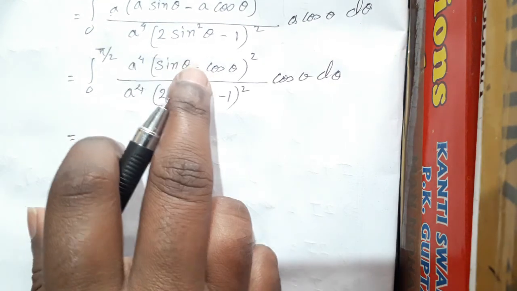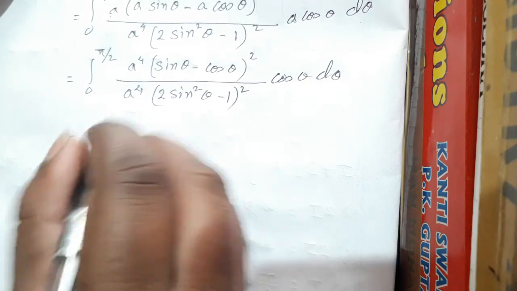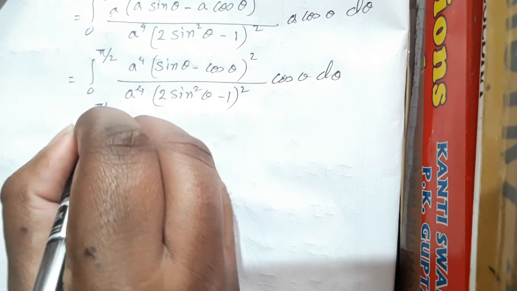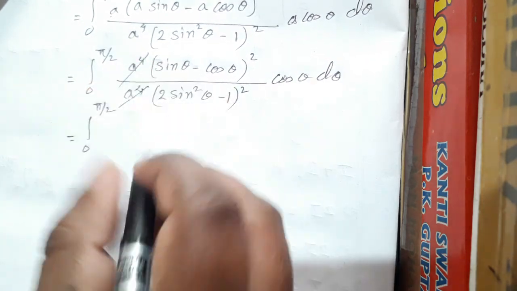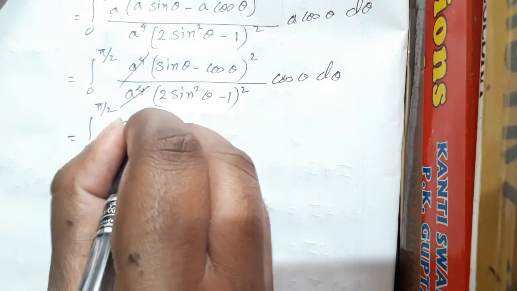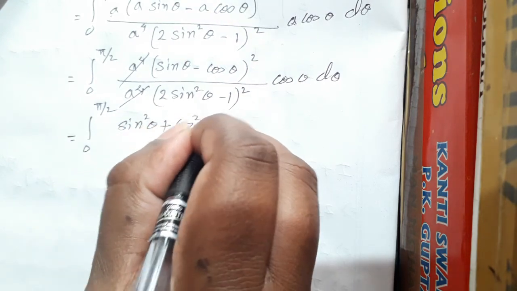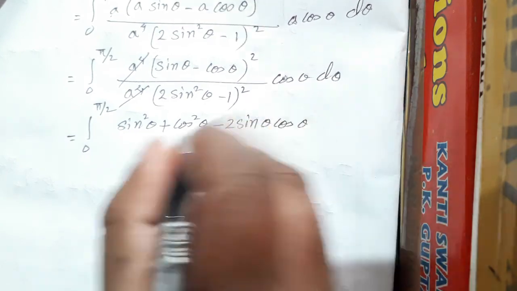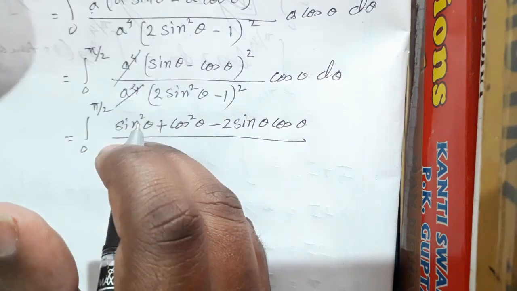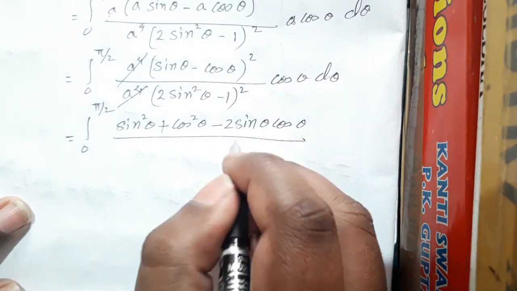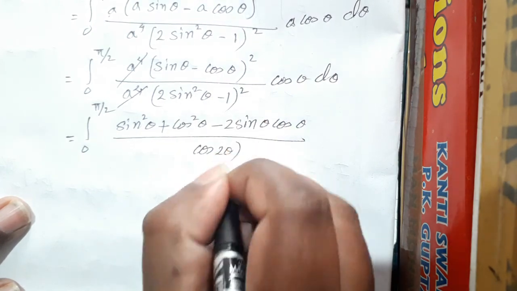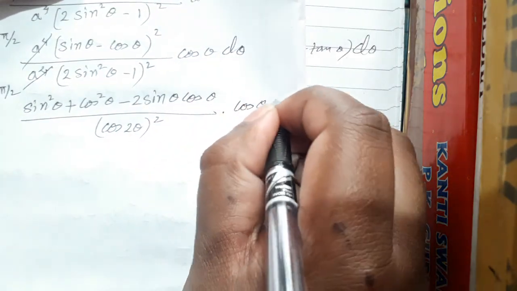Now let us apply the formula (a minus b) whole square. The a to the power 4 terms get cancelled. We get sine square theta plus cos square theta minus 2 sine theta cos theta, divided by cos 2 theta whole square, times cos theta d theta.